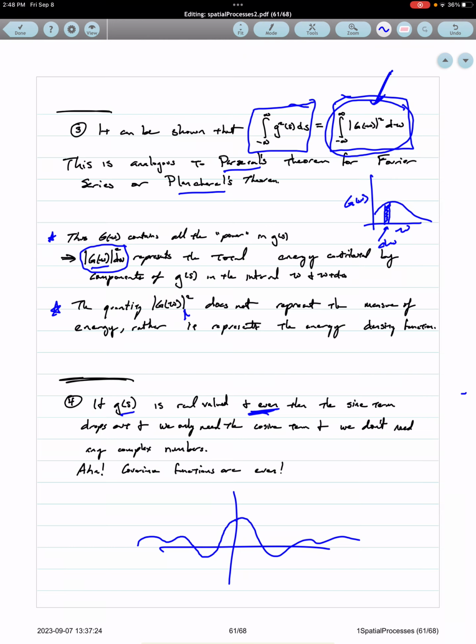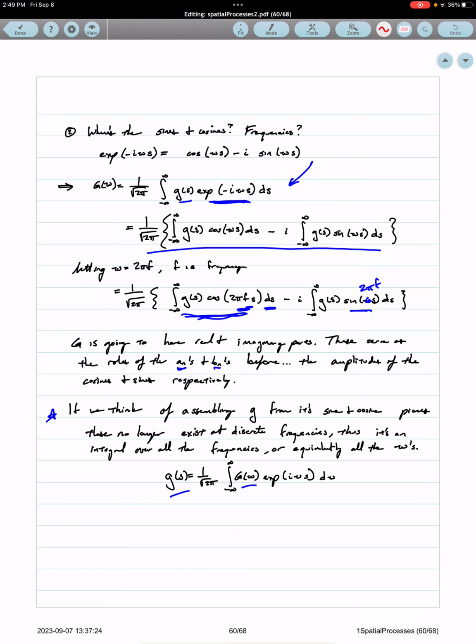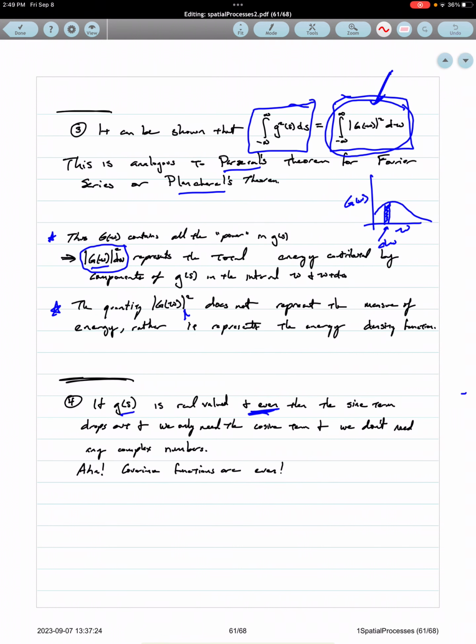There can't be any sine contribution to this, because sine is an odd function, and so if we have the sine wave, poorly drawn here, we can't have any contribution from a wave that looks like this at all. So only the cosine pieces are going to carry over into the transform, meaning that if this is 0, we're only going to have the cosine pieces.